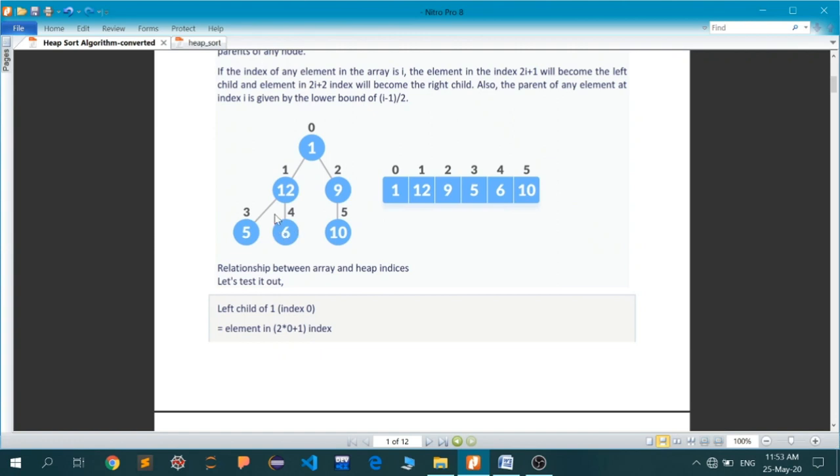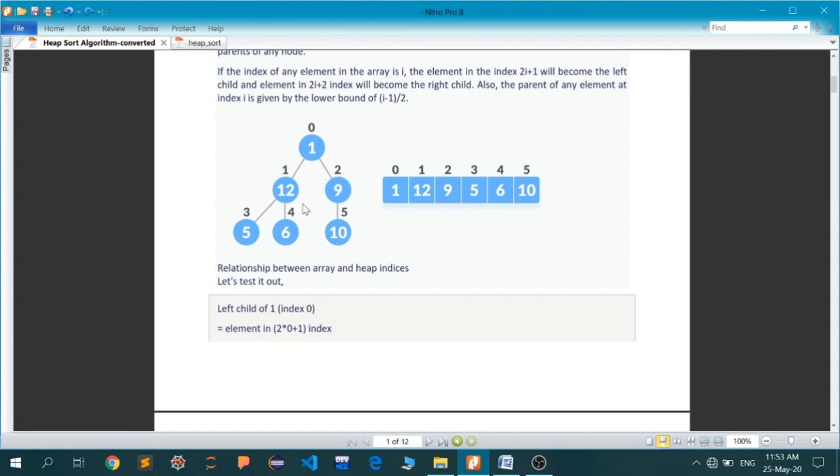We can take another example. This element 6 is at index 4. To find the parent of this node, let's apply the formula (I minus 1) divided by 2: 4 minus 1 is 3, and 3 divided by 2 is 1.5, and we are going to floor it. So the index that comes out will be 1.